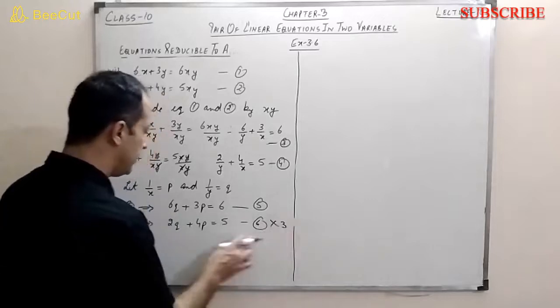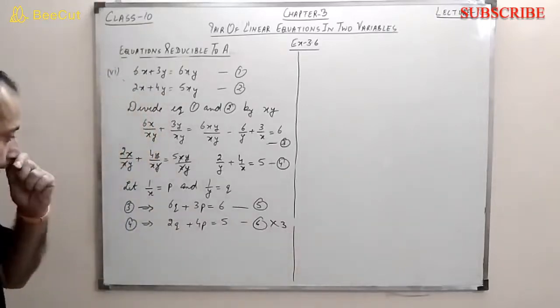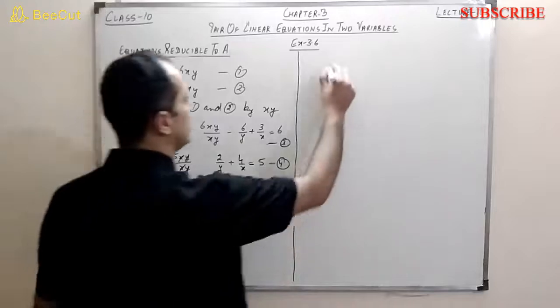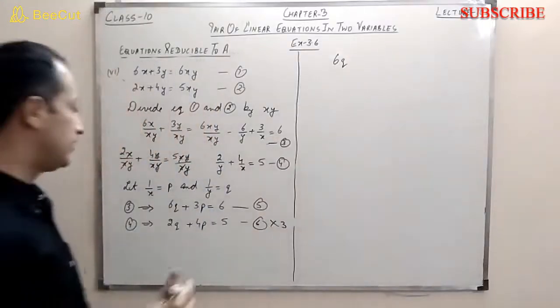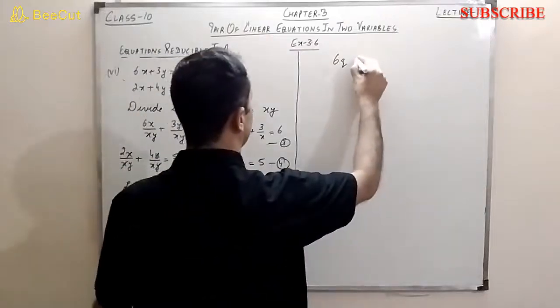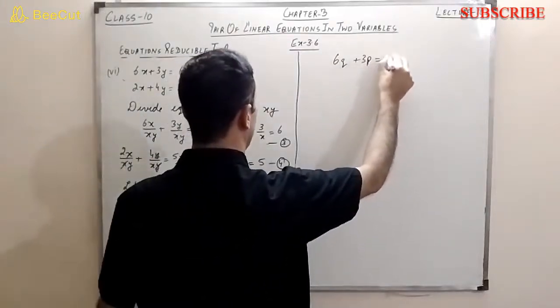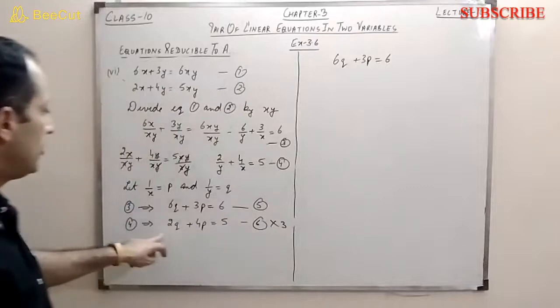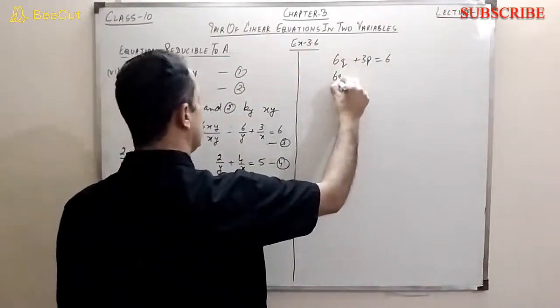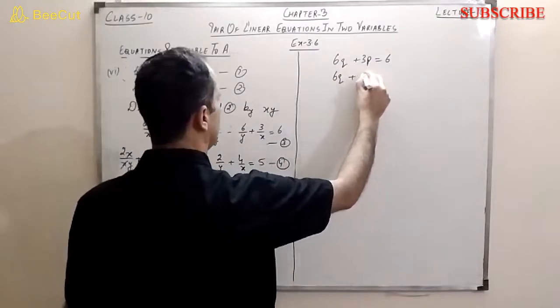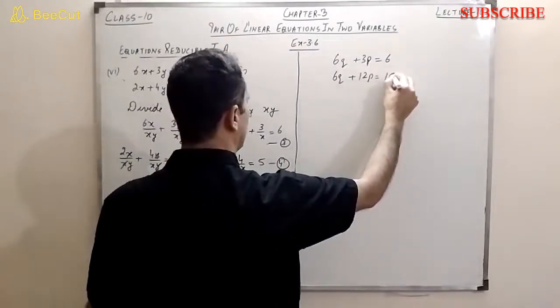This time I am making the coefficients of q equal. So this is 6q plus 3p equal to 6, and when I multiply the whole equation by 3, what do I get? This is 6q plus 12p equal to 15.